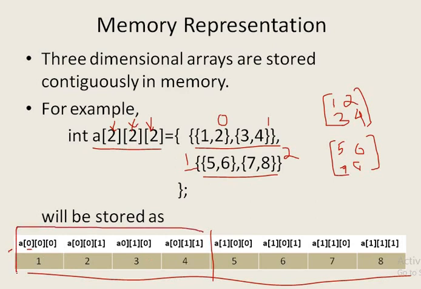Following that memory location, the next block's elements will be represented in a contiguous manner, and each of these elements is arranged contiguously. This is how a three-dimensional array is actually stored in memory.